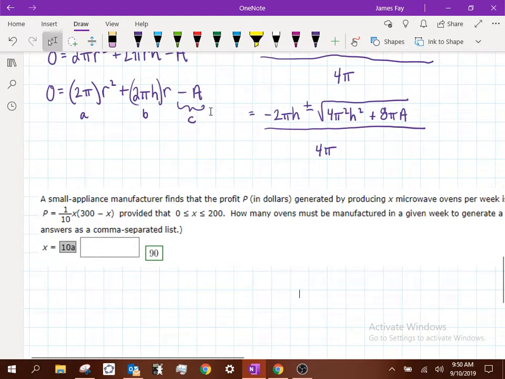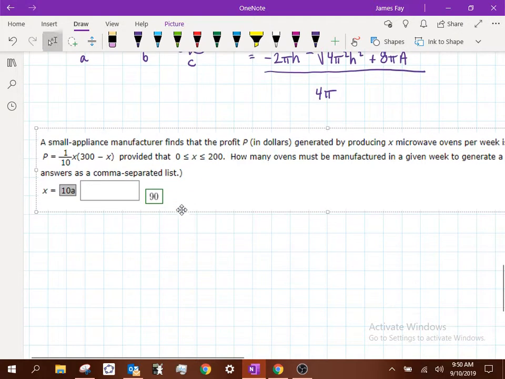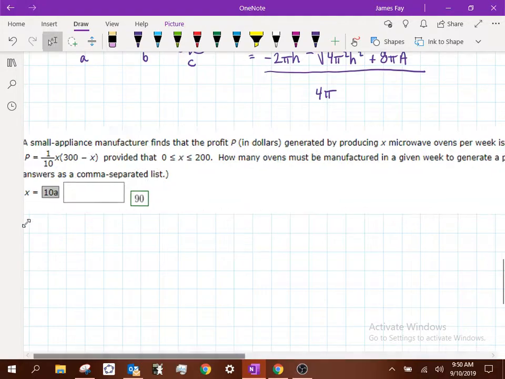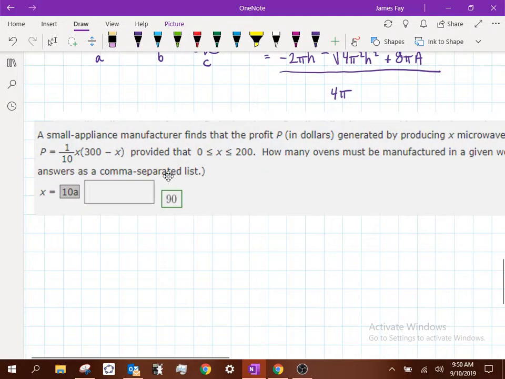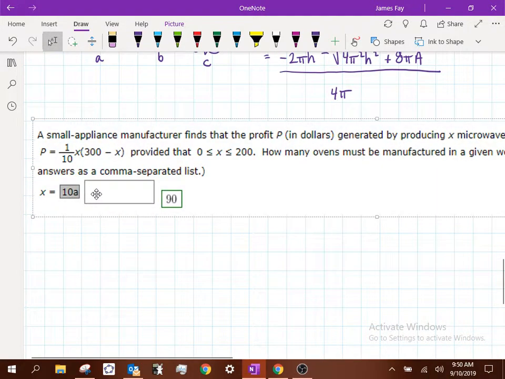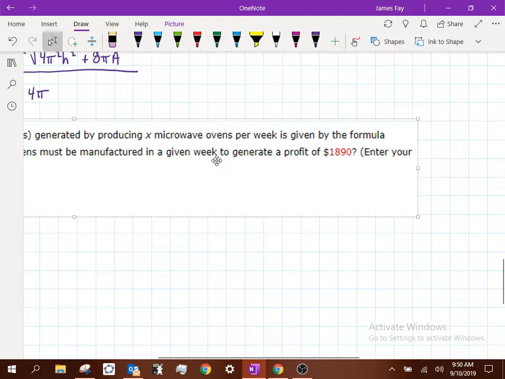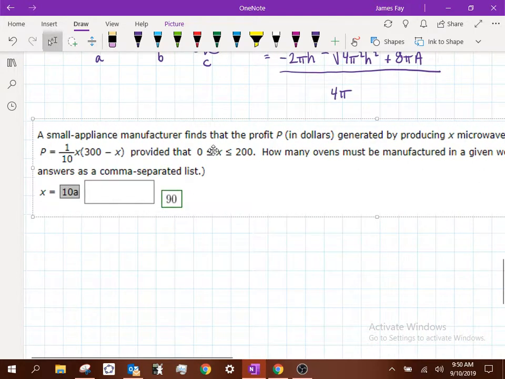So that's kind of what we're going to have to do, I think the most convenient way of doing it. But it says a small appliance manufacturer finds that the profit P in dollars generated by producing X microwave ovens per week is given by the formula P equals 1/10 X times (300 minus X), provided that 0 is less than or equal to X less than or equal to 200.